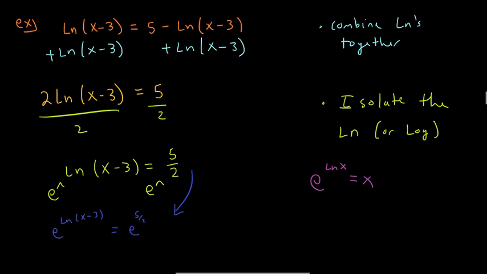The whole point is that the left side then simplifies into x minus 3, and that's going to equal e to the 5 halves. As you can see, I would want to add 3. So x equals e to the 5 halves plus 3. Then we can use our calculator to discover what that's going to equal.